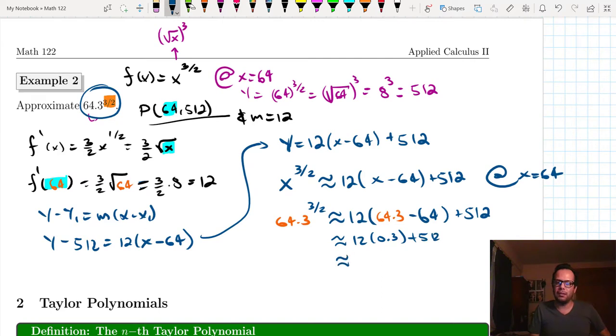Which is 3 out of 10. Let's change to fractions, because in this case we're looking for perfect integers first, and then we are going to compare with the actual value.